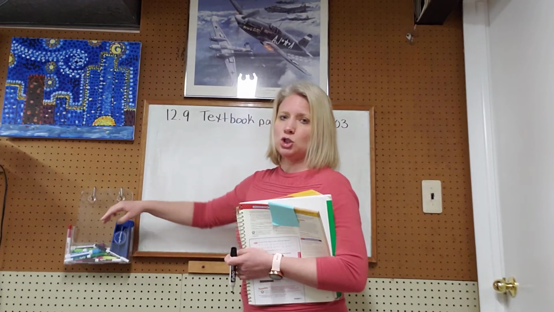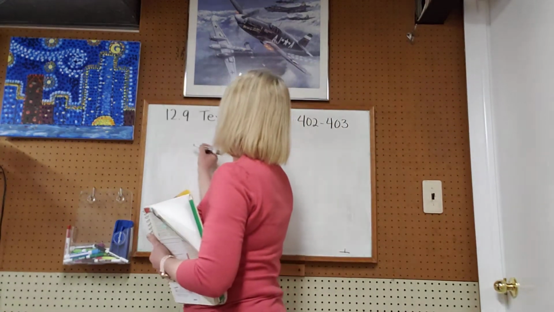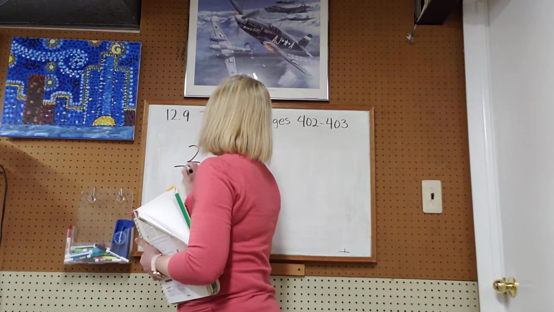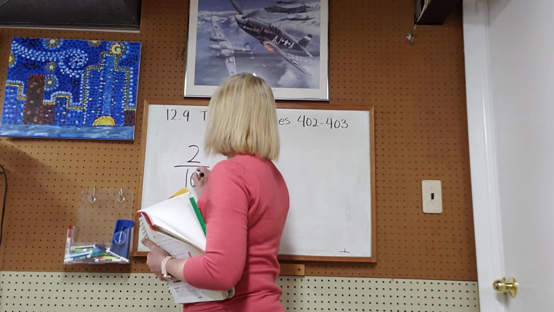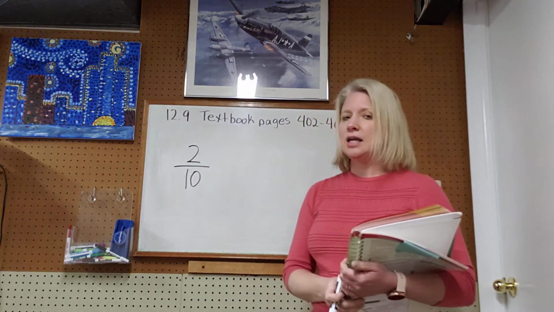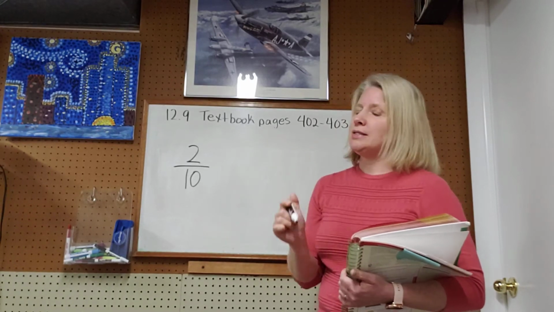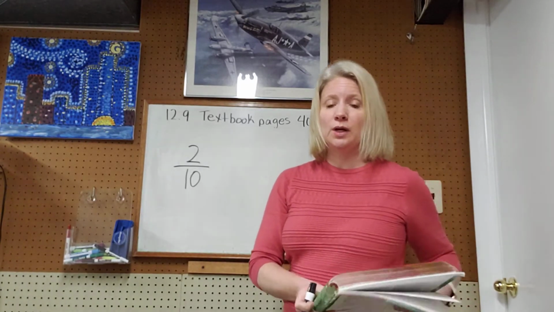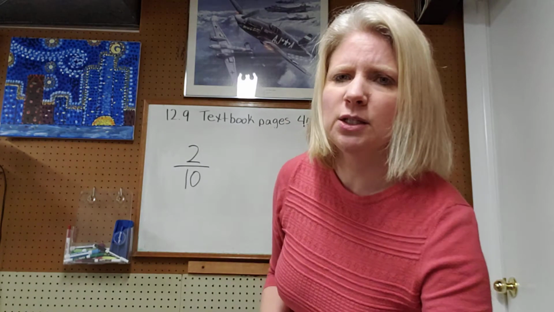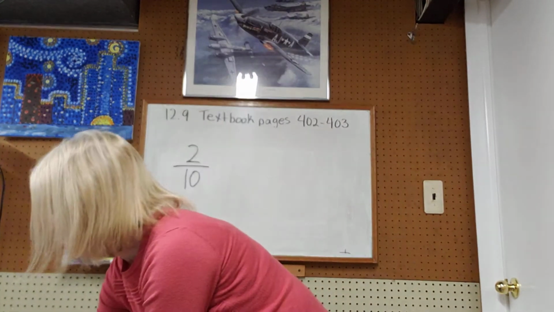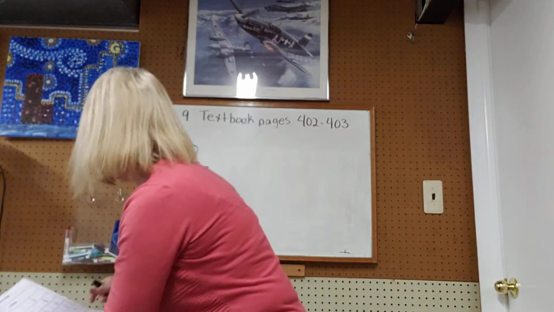So your answer was 2/10, and that is correct. But when you're talking about simplest form, 2/10 can be reduced. And to reduce it, there are a couple ways that you can do it. One, you can look at your fraction strips. So let's look at those really quickly, and then I'll teach you how to do it mathematically.